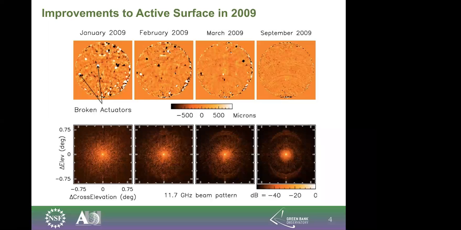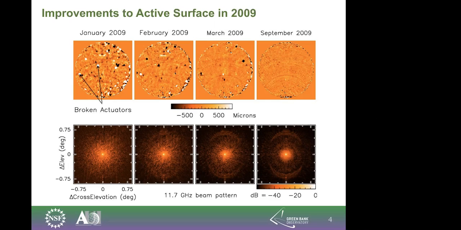We went through some improvements to the active surface back in 2009. The images on the top are showing scans of the dish surface over several months. In January 2009, you see a lot of really bright points and really dark points, which shows some deformations in the dish structure.